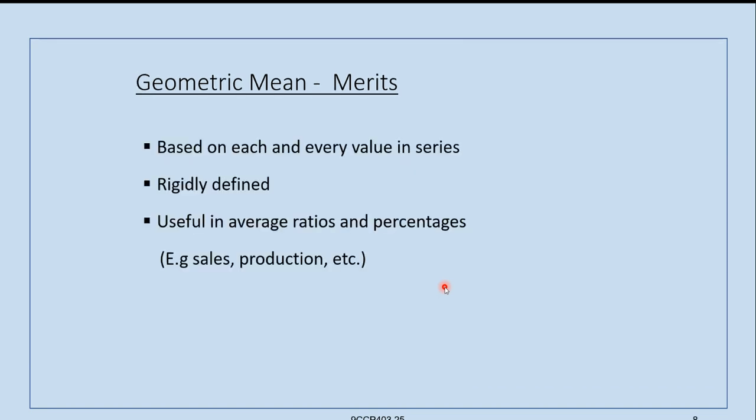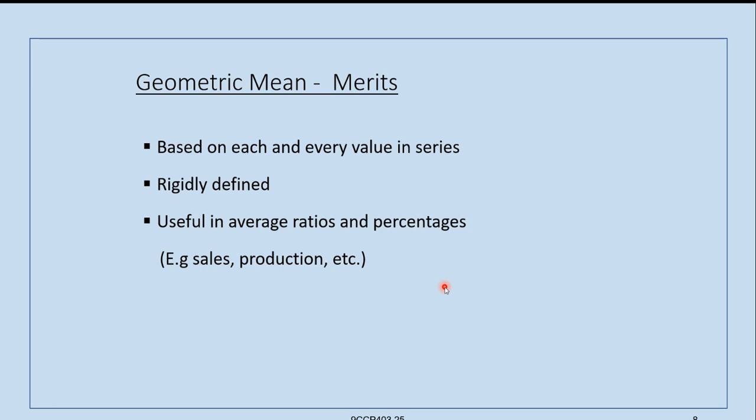Now we will see the merits of geometric mean. The first merit is that it is based on each and every value in the series, because we are taking each and every value given in the series for calculation of the geometric mean. Even in the case of arithmetic mean, we take each and every value of the series given and then calculate the arithmetic mean.